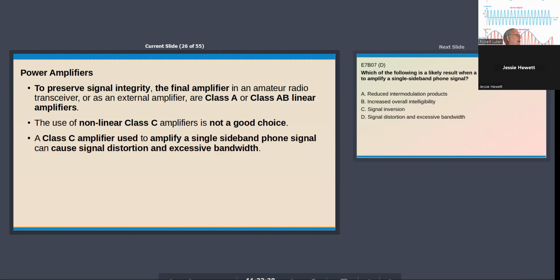Class A is not efficient at all. I mean, it's not efficient, but it's linear. It's the most linear. So everything in life is a trade-off. So if you want to have more efficiency, then you're going to settle for distortion in the signal.